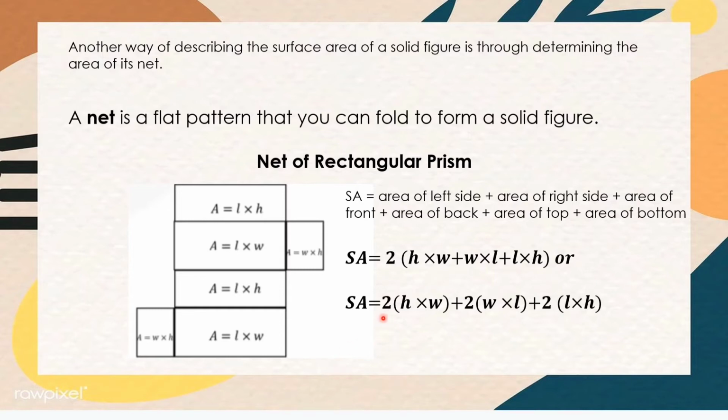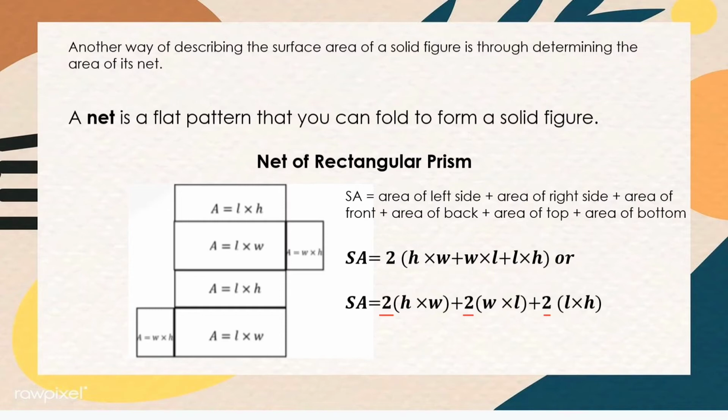So, if you notice, the 2 is not new. Why? Because, for example, the left and the right side have the same measurements.